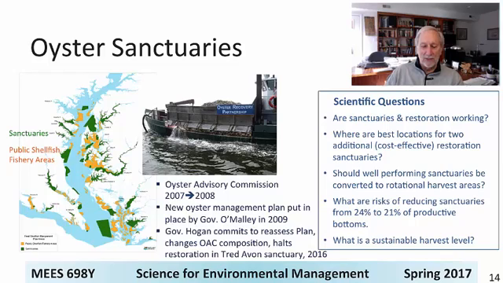So it presents a really interesting dynamic that we're dealing with. He also halted, at the behest of the watermen, the restoration activities in the Tred Avon Sanctuary near here on the Eastern Shore. So we're now struggling through this with this new Oyster Advisory Commission.